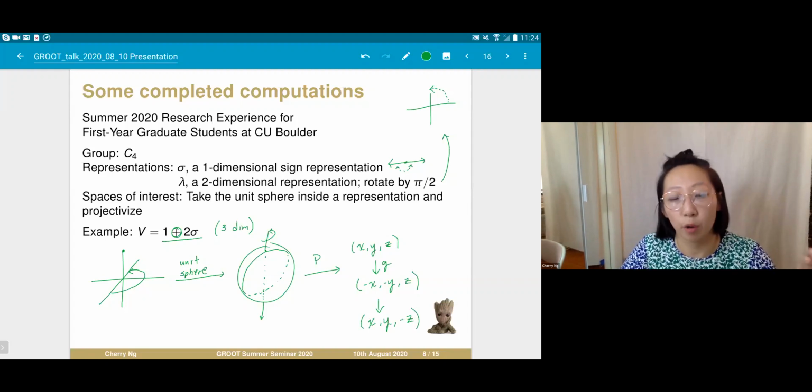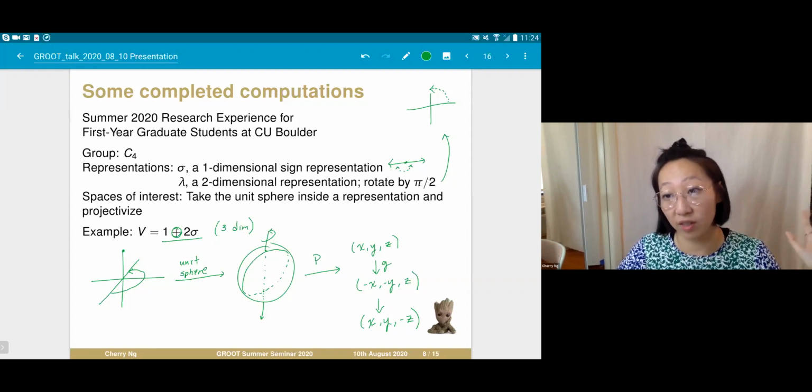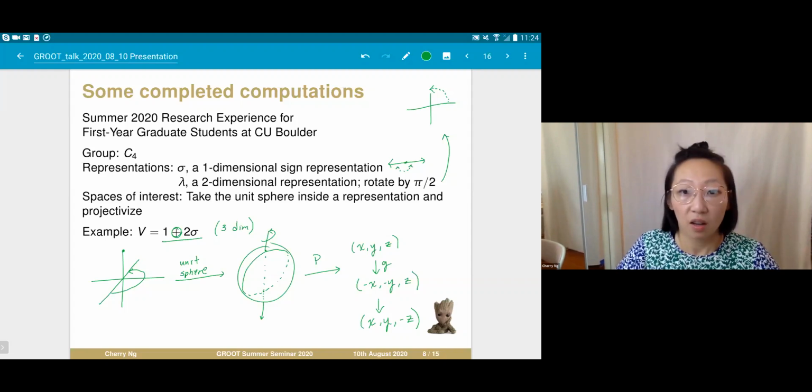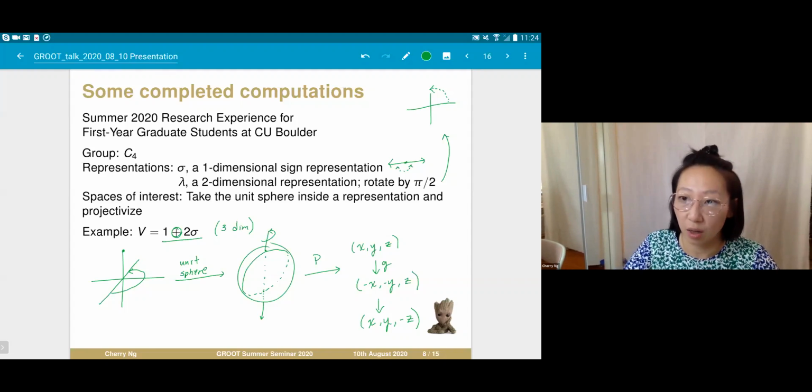And so they were able to draw a picture of this. I can't draw a picture of it. If I could have convinced them to come, they would have drawn a picture of it, but they're busy studying for prelims right now. So they were able to cut it up into little pieces and do the computations.